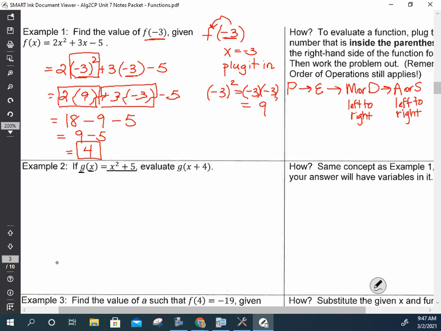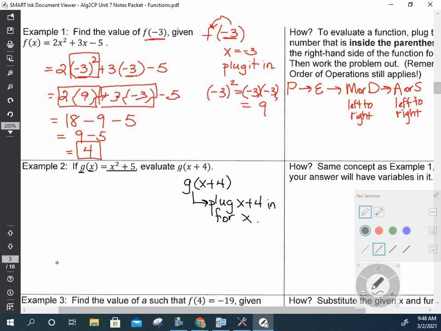So when they say g of x plus 4, this means plug x plus 4 in for the variable x. We're going to take x plus 4 and plug it in right there for x.